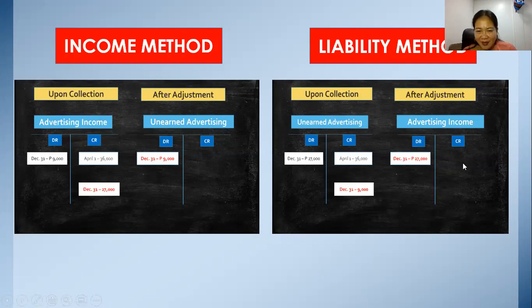Under the income method, your unearned advertising is 9,000. It has to be credit. Under the liability method, your unearned advertising is also 9,000. It has to be credit and this has to be credit. Sorry for that. I will make corrections. Just check it after.